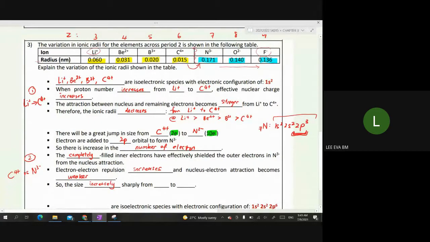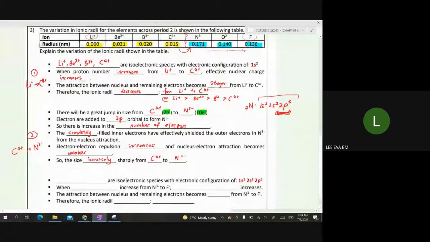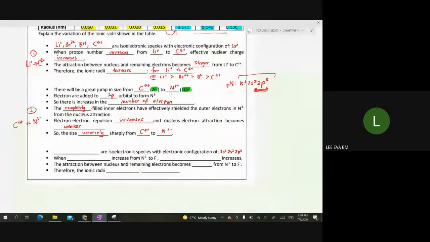From which species to which species? C4+ to N3-. Okay, so that explains between C4+ and N3-.